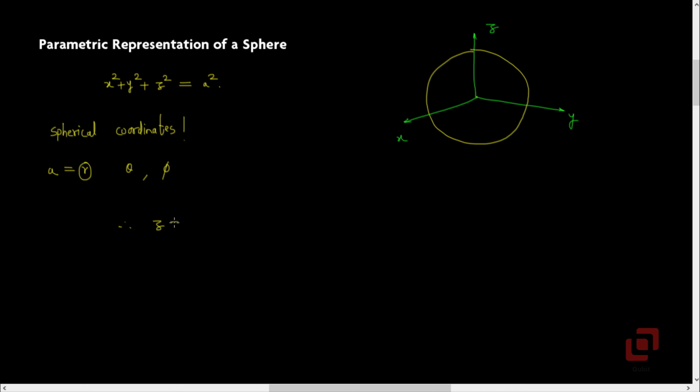Therefore, z, which is r cos theta, will now be a cos theta. x, which is r sin theta cos phi, will be a sin theta cos phi. And y, which is r sin theta sin phi, will now be a sin theta sin phi.